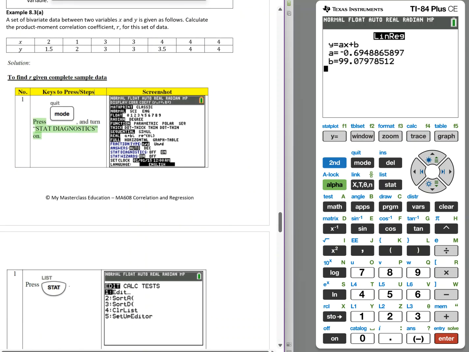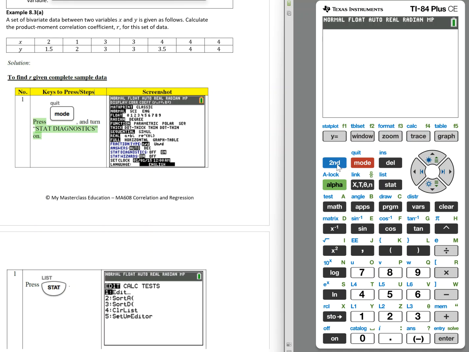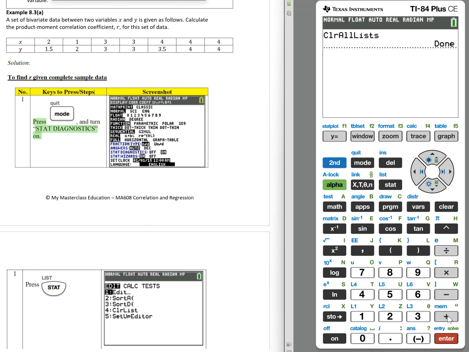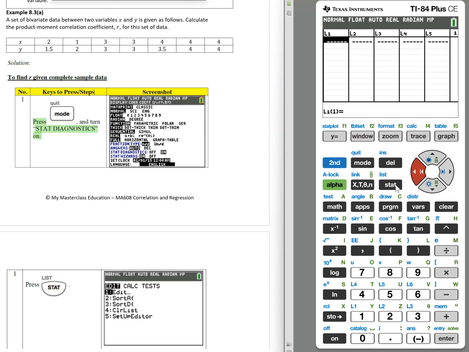Now, how to find the product moment correlation? I'm going to use this example so that you can remember the steps of keying in data again. First, go to memory and clear all lists and press enter. Go to stat and then go to edit. Now key in X for L1: 2, 3, 3, 4, 4, 4.